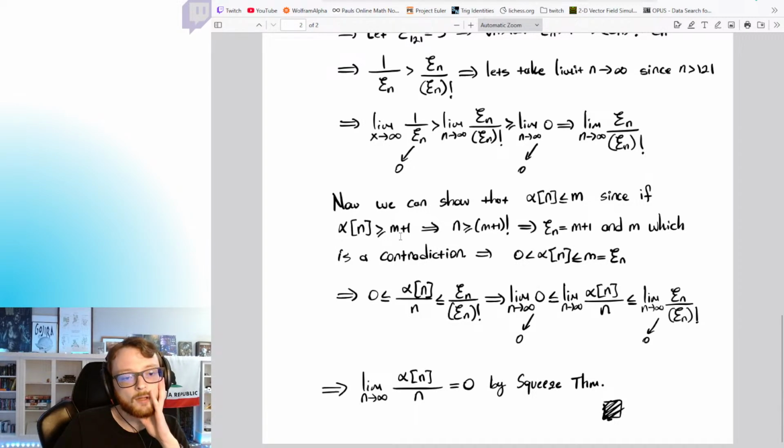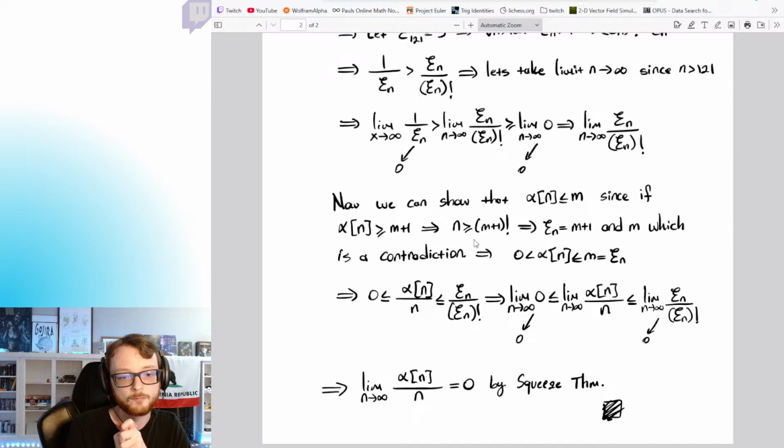Alpha of n is greater than or equal to m plus 1. n is greater than m plus 1 factorial. Okay, and that just won't do. Psi sub n is equal to m plus 1. Okay.